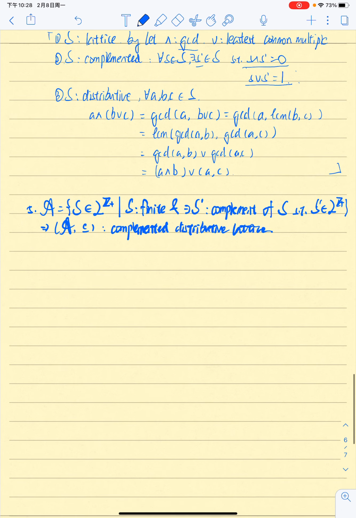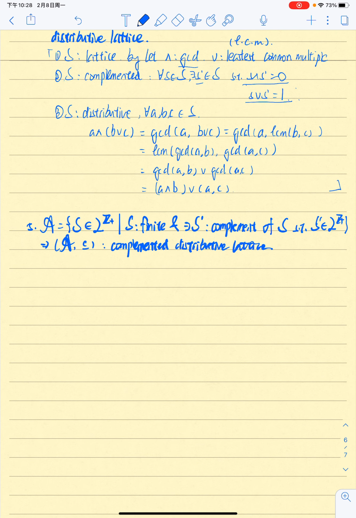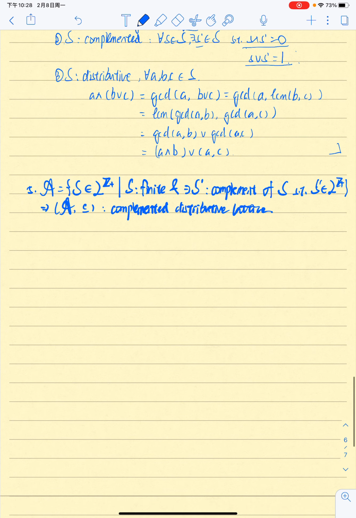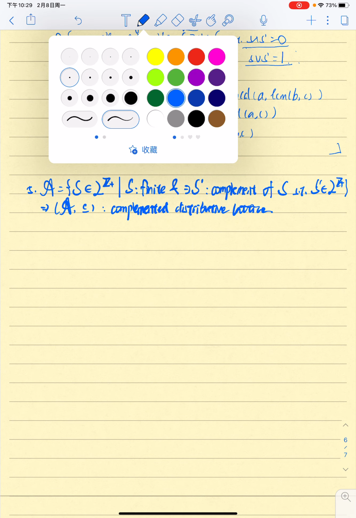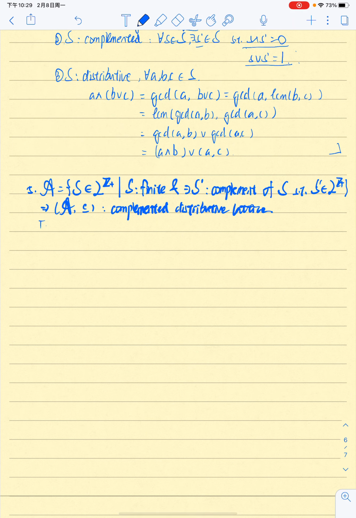Okay, also we prove this by 3 steps. First, this is a lattice. It is easy, it can be obtained from example 1.